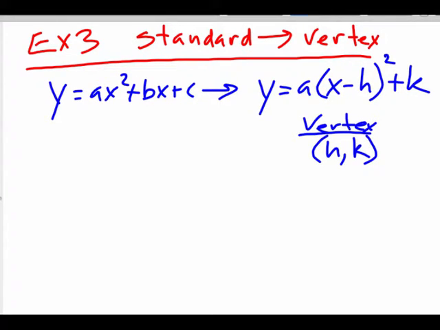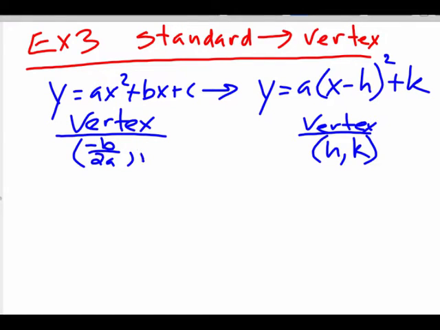Now for this one, the vertex is this weird formula. It's negative b over 2a, and then the y value is the function evaluated at negative b over 2a. That's not fun to write. Does that make sense to you guys?